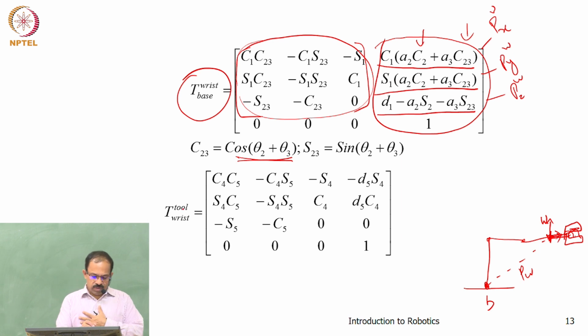Same way you can get from tool to wrist by multiplying 4 to 3 and 5 to 4. There are only 2 degrees of freedom for the wrist.